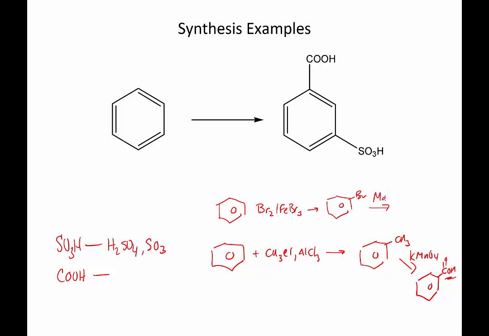Just magnesium metal. So now I've got my Grignard. What do I add to the Grignard to make a carboxylic acid?